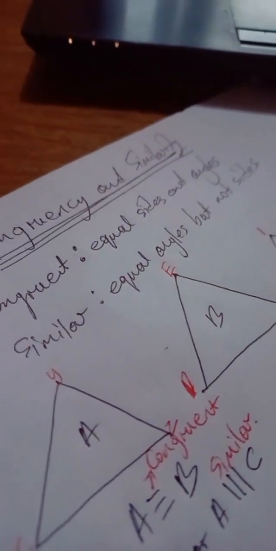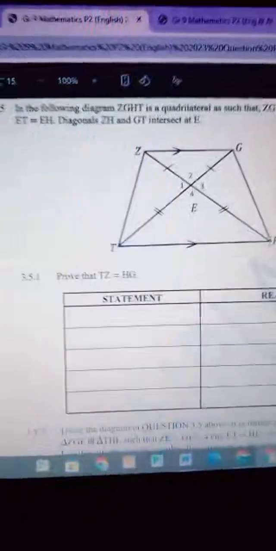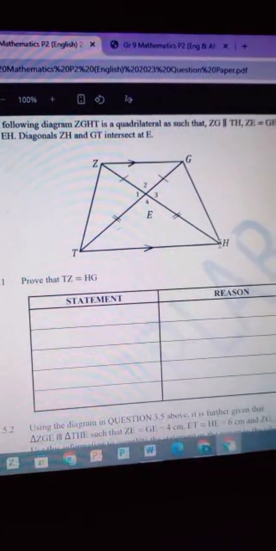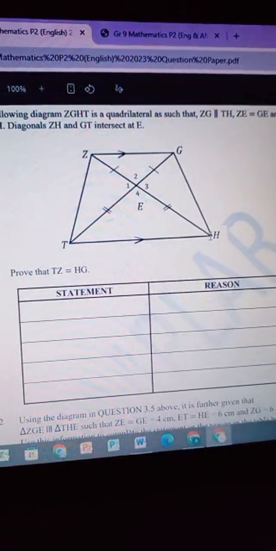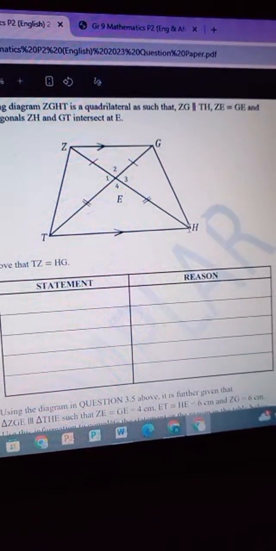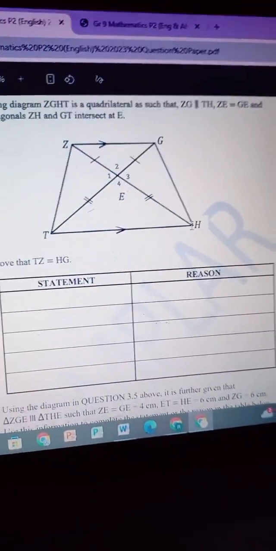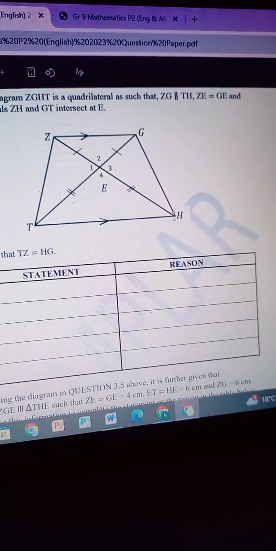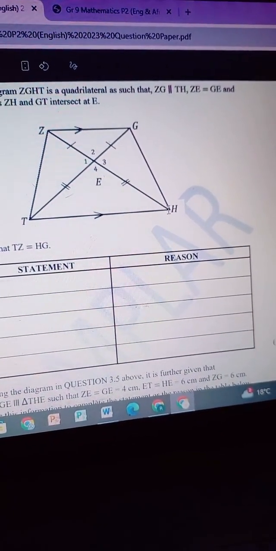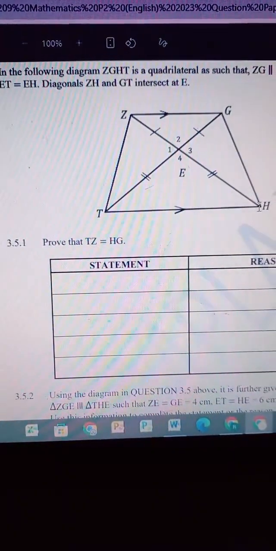In the following diagram, we are told that ZGHT is a quadrilateral such that ZG is parallel to TH, and ZE is equal to GE, and ET is equal to EH.